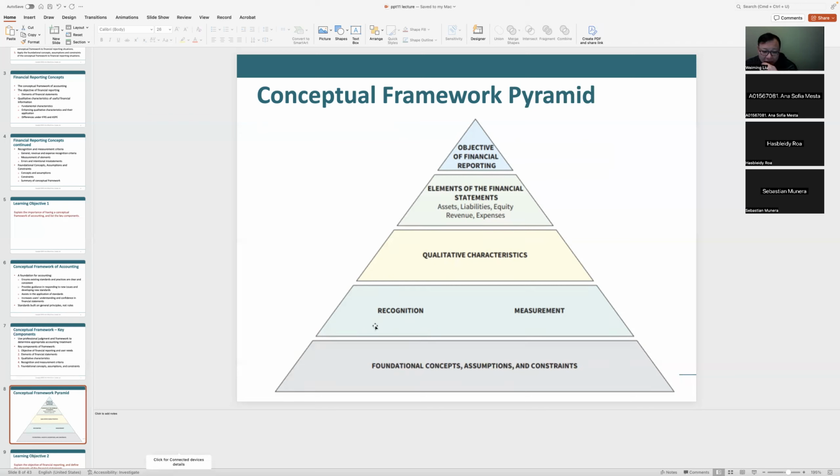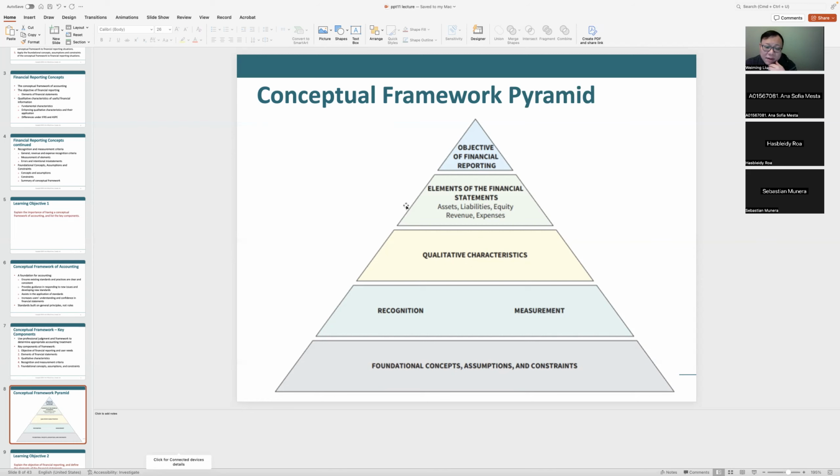Then you have to recognize whether these items should be presented on the financial statement. If yes, how to measure this information? What is the dollar amount? Is the information you recognized and measured relevant? Is it reliable? Is it comparable? Is it timely? Those would be the qualitative characteristics of the information you are presenting.